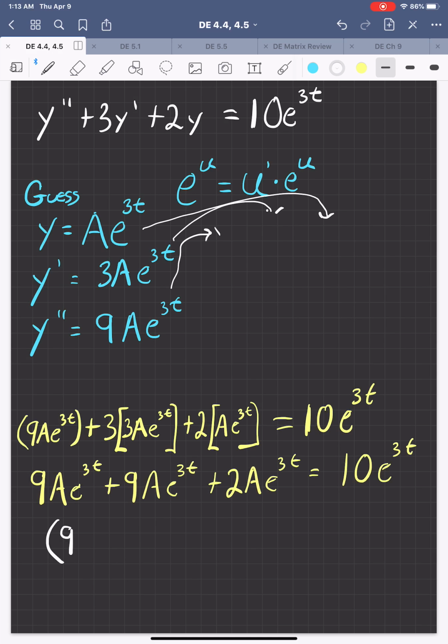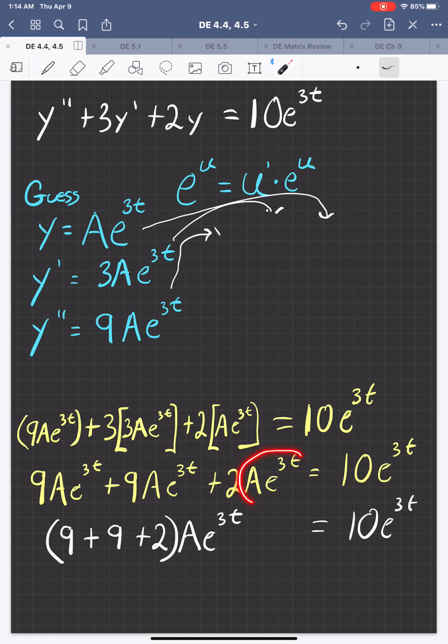You think of it as factoring out an a e to the 3t. And I would be left with 9 plus 9 plus 2, times a e to the 3t. Right? So all I did was factor out an a e to the 3t out of each one of these.